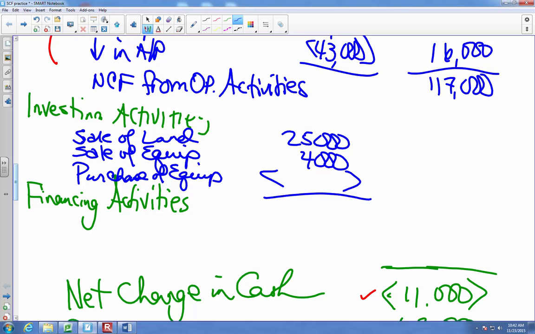82. And what are we going to call 29 plus 82? That's negative 53. What are we going to call that number? Yeah, except for when it's money going out, it's called net cash used from investing activities.